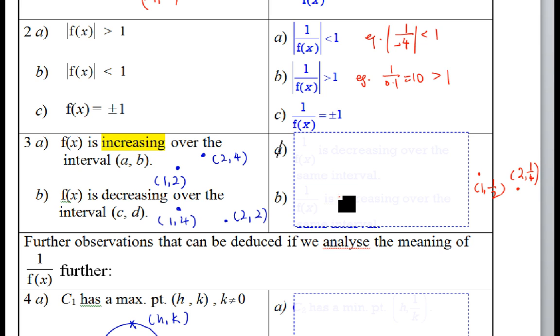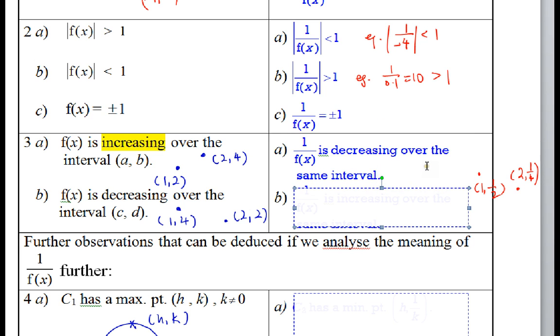So your reciprocal graph will be decreasing over this interval if f(x) was increasing. And intuitively, you look at the values, you will know. Correct? Makes sense, huh? No need to memorize. I think the reverse is true. Quite obvious, huh? For obvious reasons. Okay?